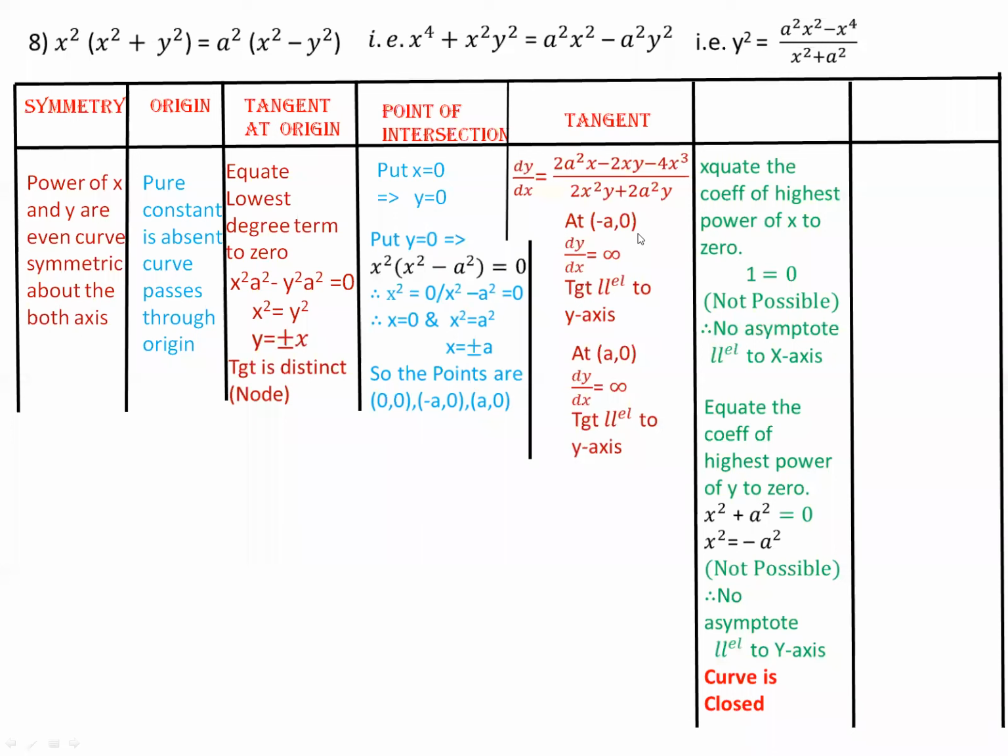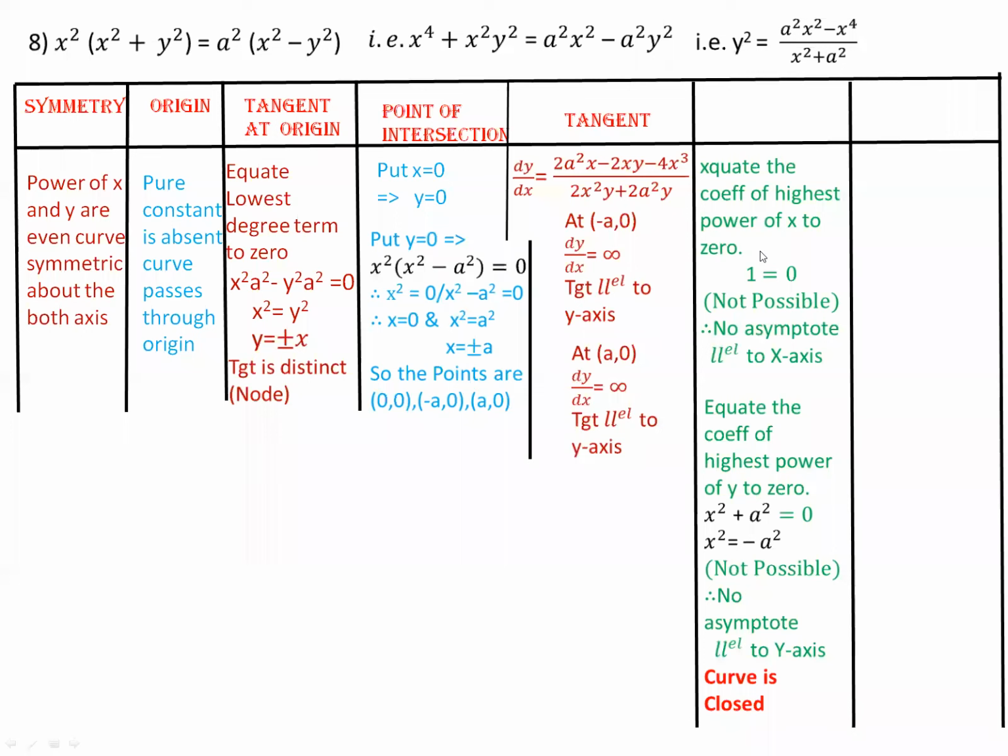X is minus a, y is 0. Therefore, 1 upon 0 becomes infinity. So at point minus a, 0, dy by dx is equal to infinity. So the tangent is parallel to the y-axis. Then at point a, 0, again y is 0, therefore dy by dx is equal to infinity, meaning the tangent to the curve is parallel to the y-axis.